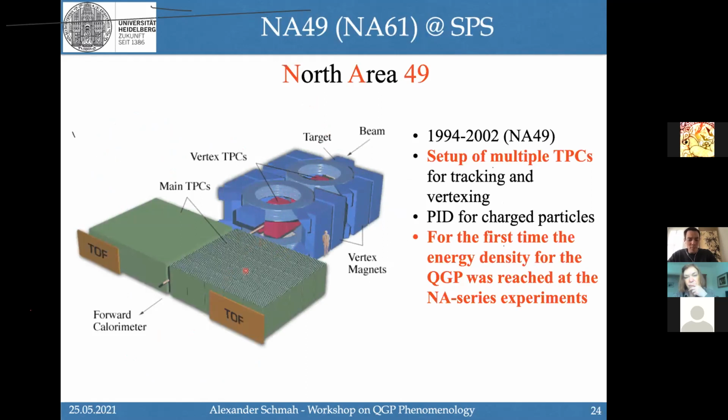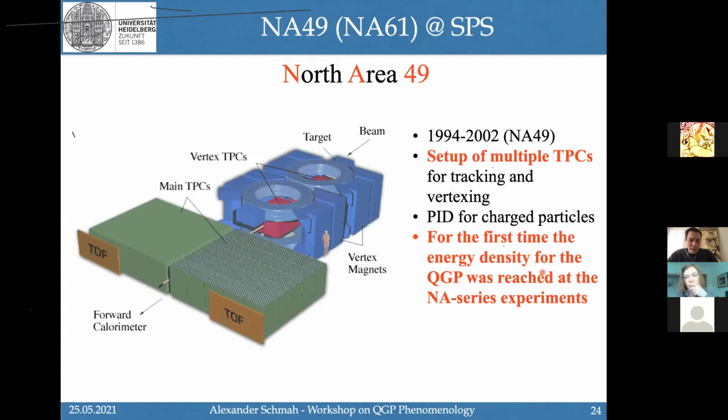So it's something I'm going to show you in a few minutes, how this is actually done with TPCs. Time of flight was at the end for particle identification. So this is a quite unique setup with multiple TPCs, but here I think you clearly see how the evolution was going from EOS to this kind of larger experiment.